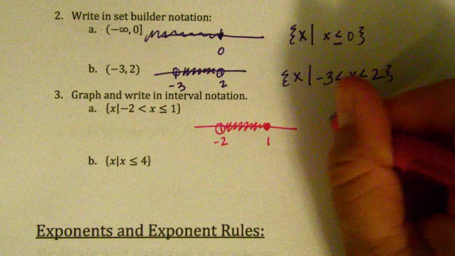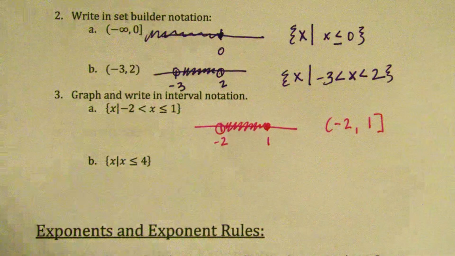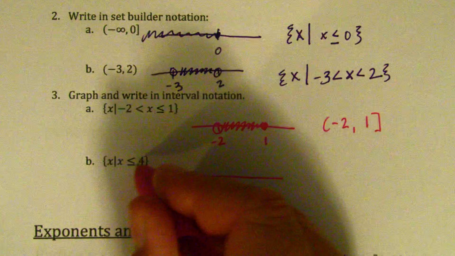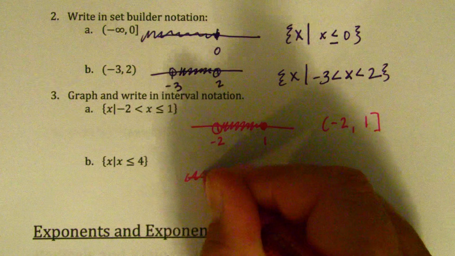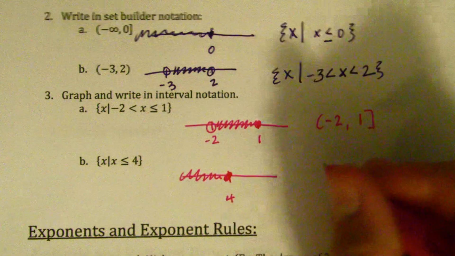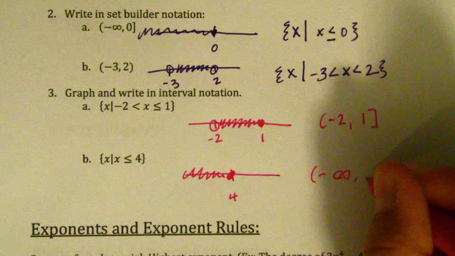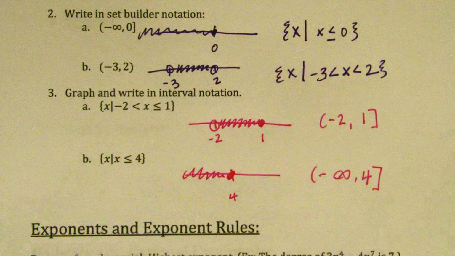Writing that in interval notation would be -2 to 1. And then the next one here, x is less than 4, so 4, and all the values less than that. And it has a line underneath it, so it'll be a closed dot. And that would be negative infinity all the way until 4, and a bracket on 4 because it's a closed dot.